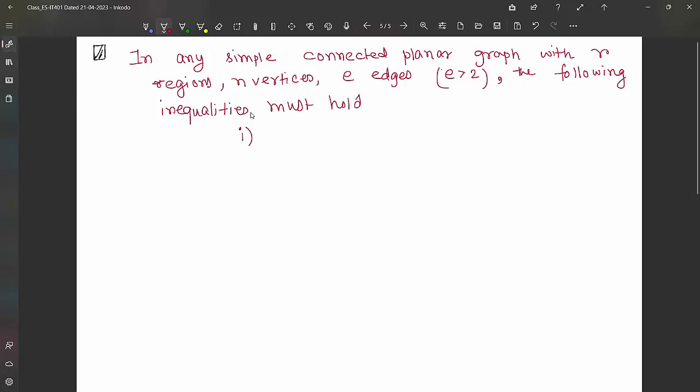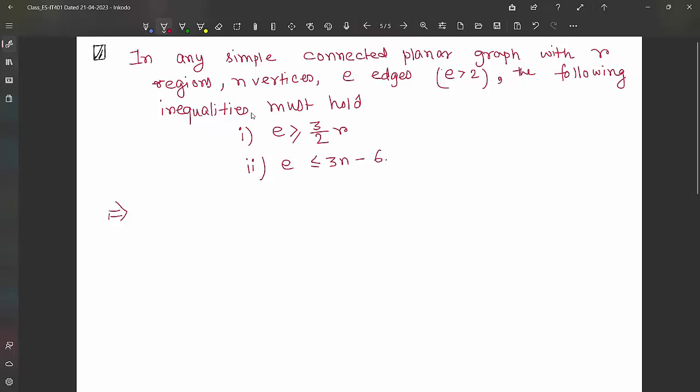Number 1, e greater than or equal to 3 by 2 R, and number 2, e less than or equal to 3n minus 6. These two inequalities always hold, that e greater than or equal to 3 by 2 R and e less than or equal to 3n minus 6. Now tell me how to do that.